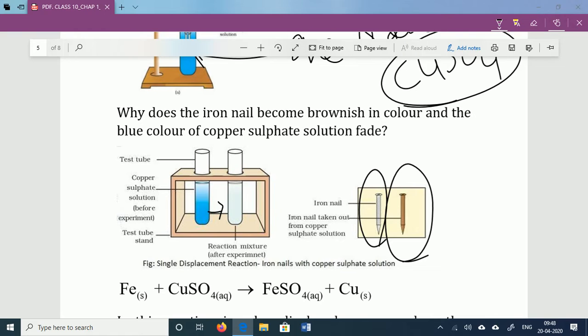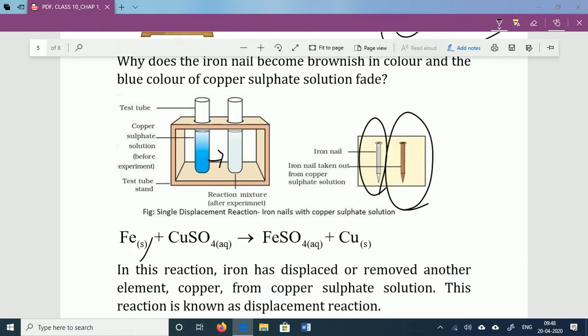Now how? Here Fe is the iron nail. This Fe is dipped into the CuSO4 solution. Cu is less active compared to Fe, so Fe is capable of displacing the Cu from its salt, from the CuSO4 solution.